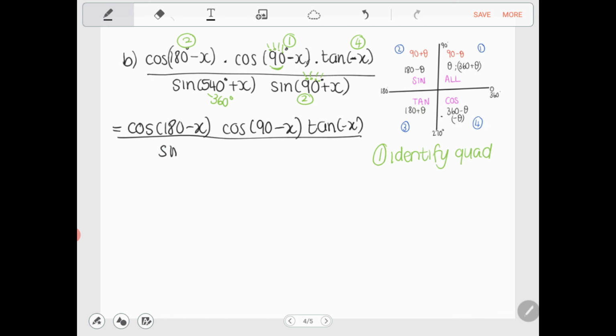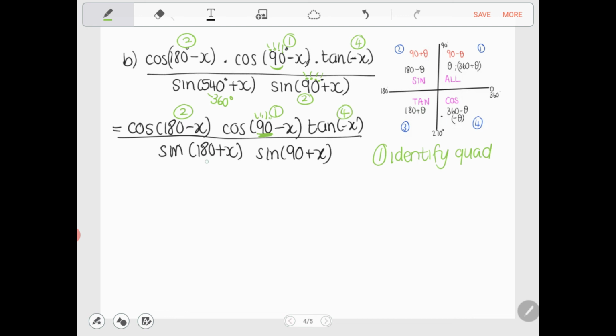This is going to be the sine of 180 plus x, and this is going to be still the same. Okay, so I've just subtracted that 360, going back and putting all my things on. So we said this was second, this was first, but I have to remember about the co-ratio. Fourth, now I can see this one.